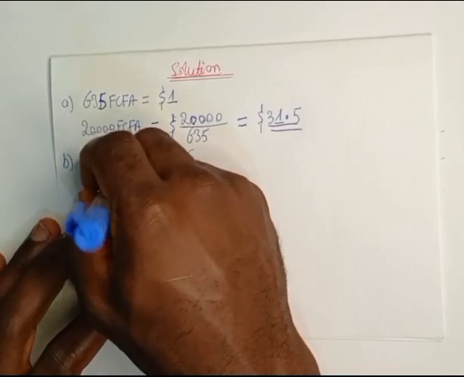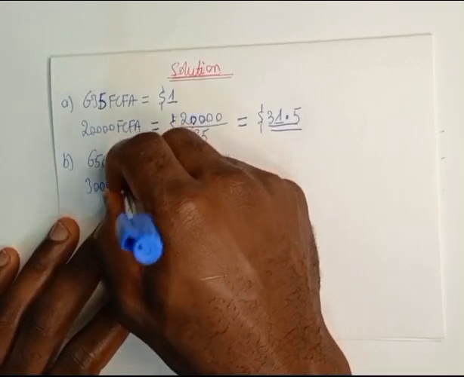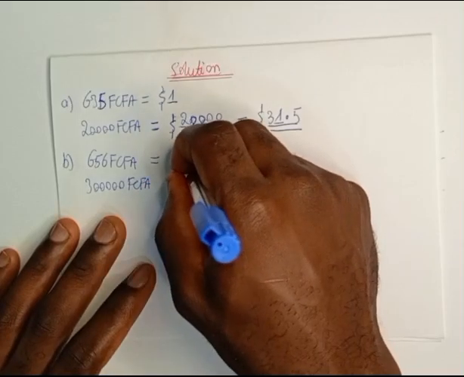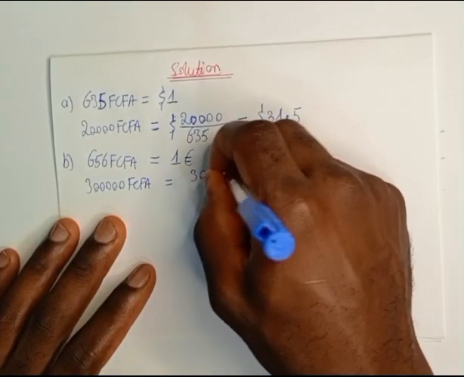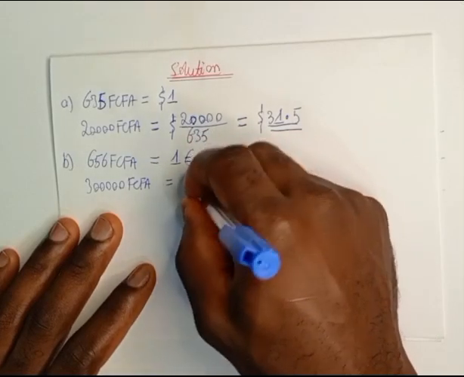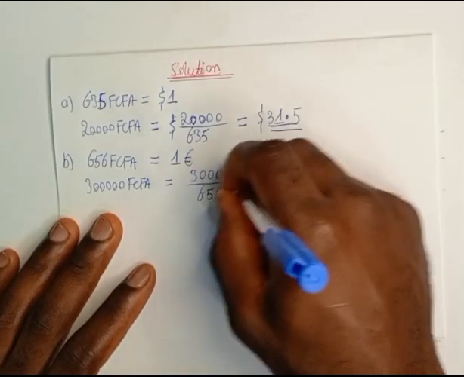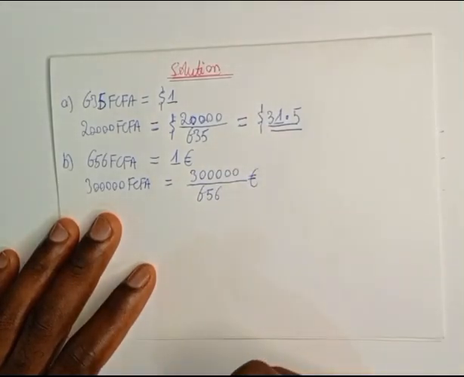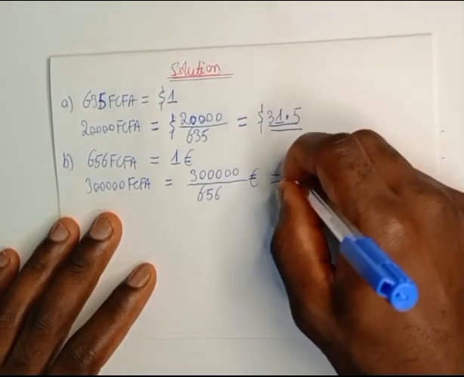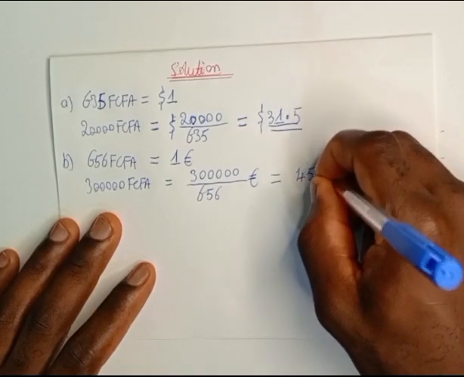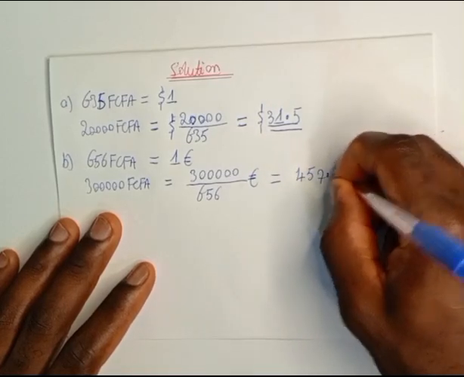Therefore, if we take 300,000 francs CFA, we are going to divide the amount 300,000 by the exchange rate, which is 656, and here the currency will be euros. This will be approximately 457.3 euros.